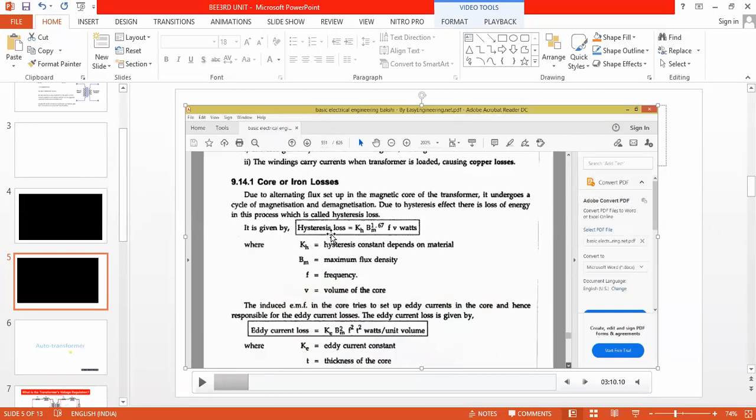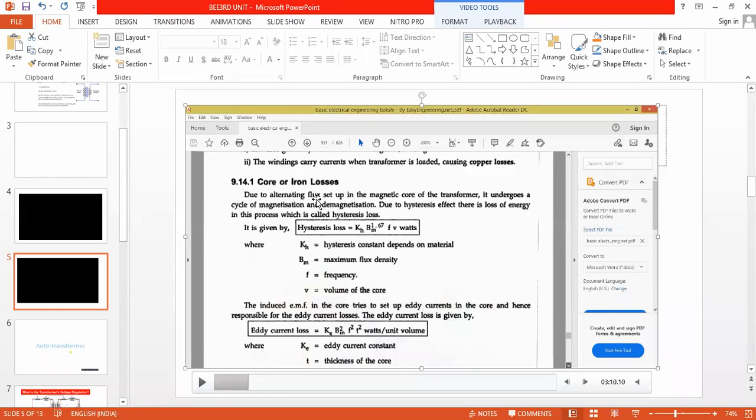We already know AC supply means it contains positive cycle and negative cycle. The loss is created whenever magnetic energy is increasing in the positive cycle and magnetic energy is decreasing during the negative cycle. Increase of magnetic energy value is called magnetization. Whenever magnetic energy value is decreasing, it is called demagnetization.